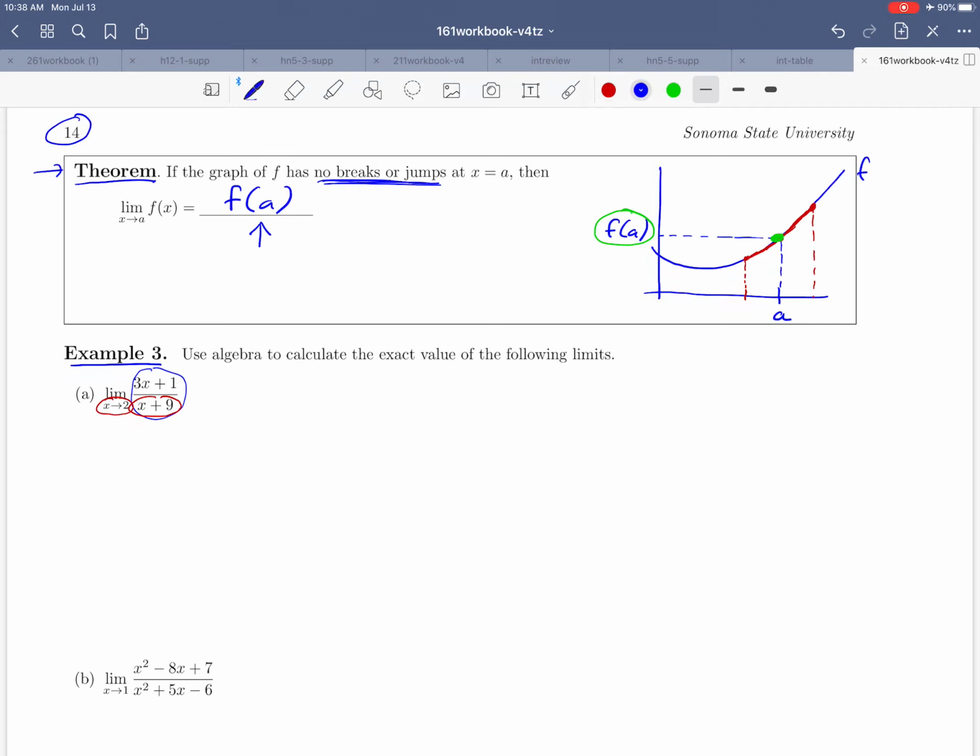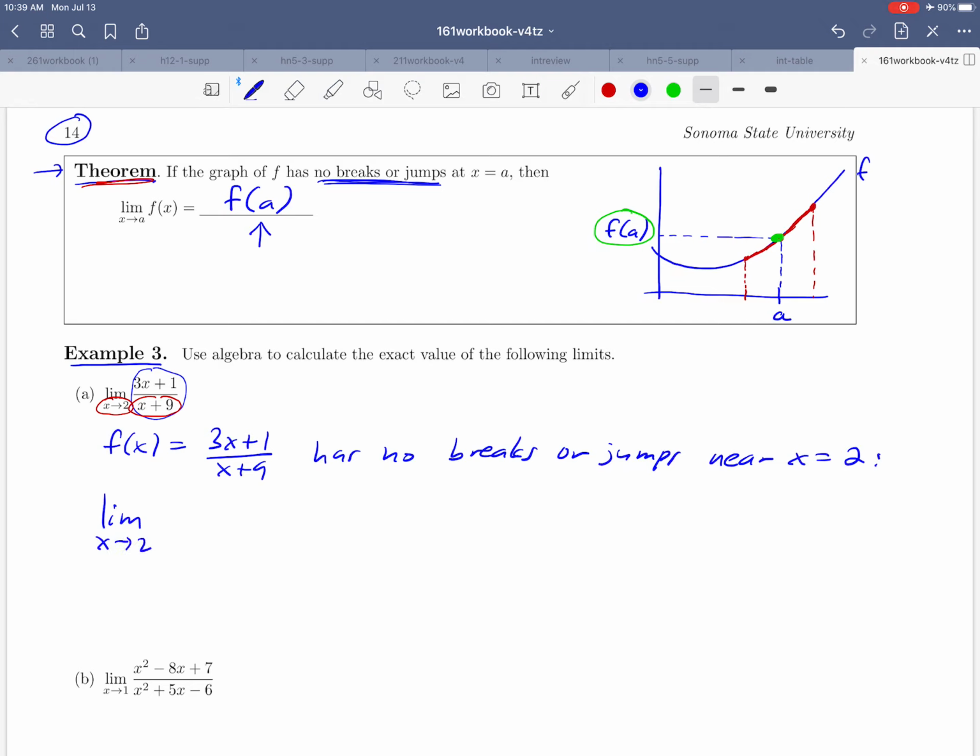So the key observation here is that this function (3x + 1)/(x + 9) has no breaks or jumps in it near x equals 2. Okay, which means that we're free to use this theorem to calculate the limit. Let's do that.